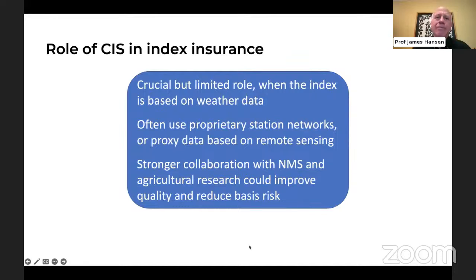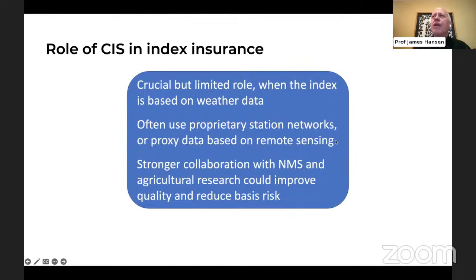So climate services: in the case of area yield index or livestock mortality index, climate information may not enter at all. In the case of weather index insurance, climate services play a crucial but a limited role. In most cases that I'm aware of in Africa, the insurance company either uses their own proprietary station networks or proxy weather data based on remote sensing.